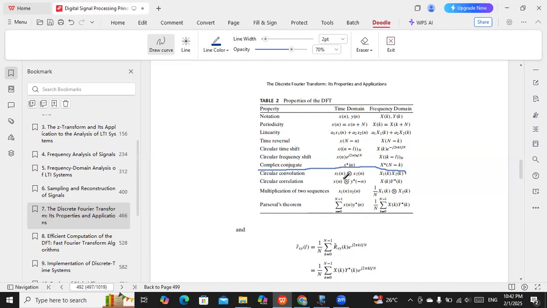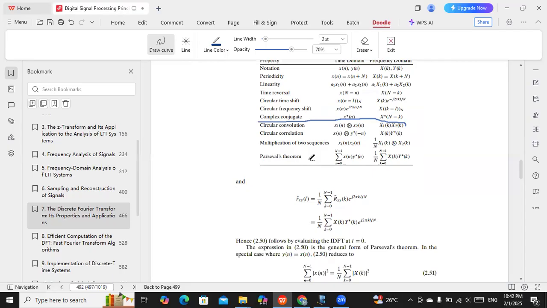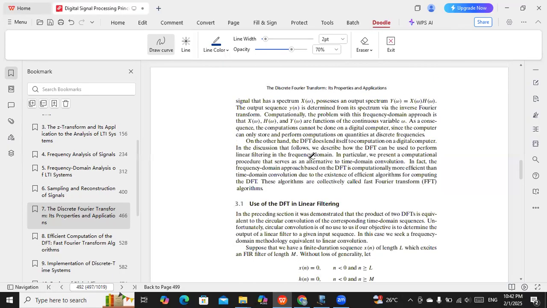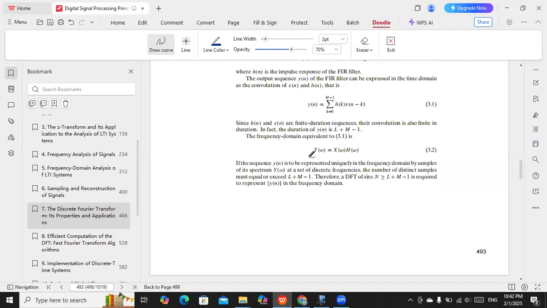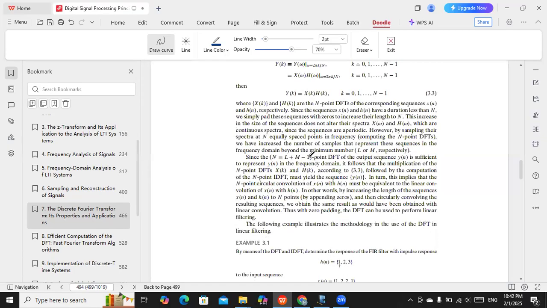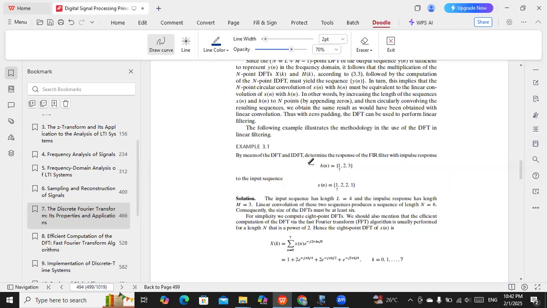If you get the convolution of two signals, then their DFTs will be multiplied. The same properties are there. And maybe we will try to do this question. Where is the question? This one.